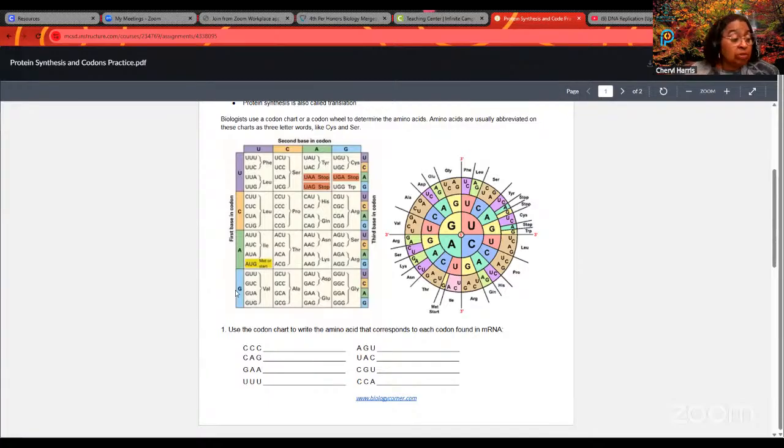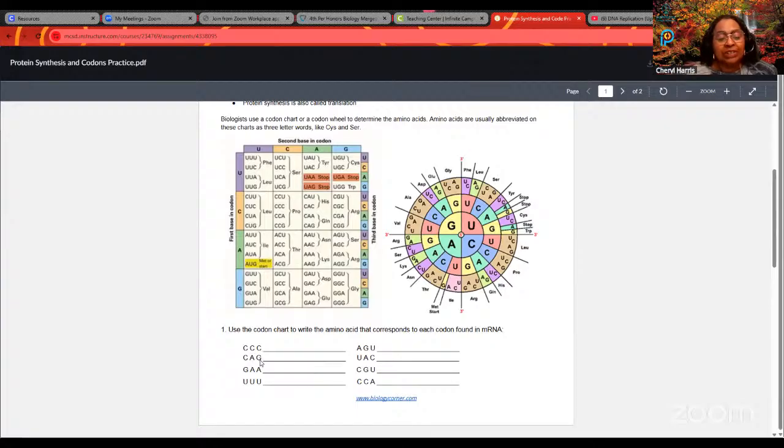So that means the answer has to be in that 4th row at the bottom. The second codon is, I'm sorry, what am I looking at? I was supposed to be doing CAG, right? Let me go back up here.